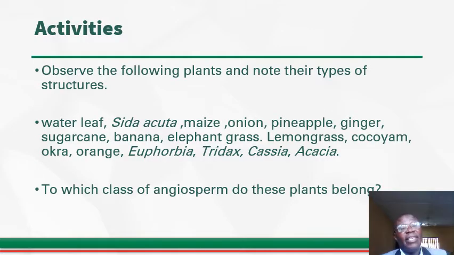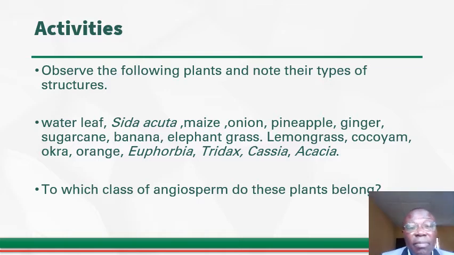So that is the end of the kingdom Plantae, and we are going to have some activities at this point. You should observe some of these plants in your environment, if you have the opportunity or during the practical class.